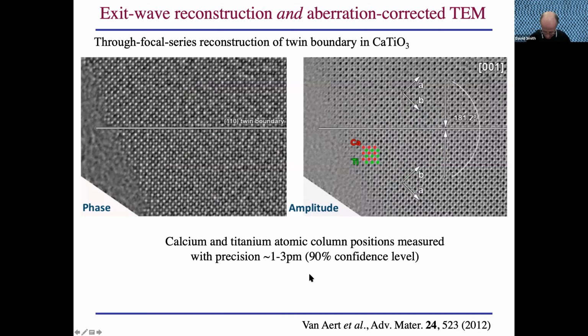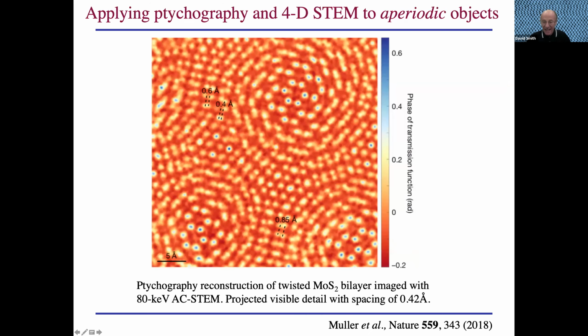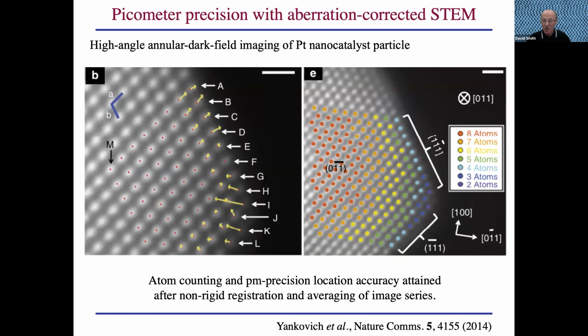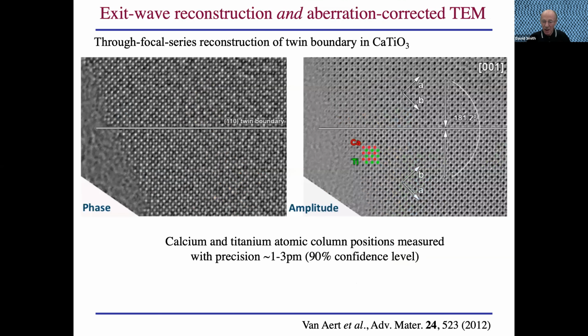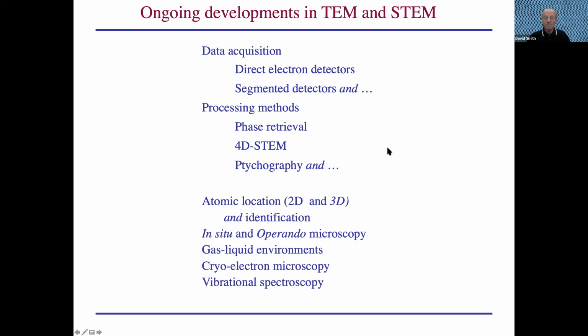I choose both this example and the previous one as examples of what can be done with TEM and STEM. If you are trying to locate atomic column positions with high accuracy, then you can go far beyond the resolution limits of the microscope.